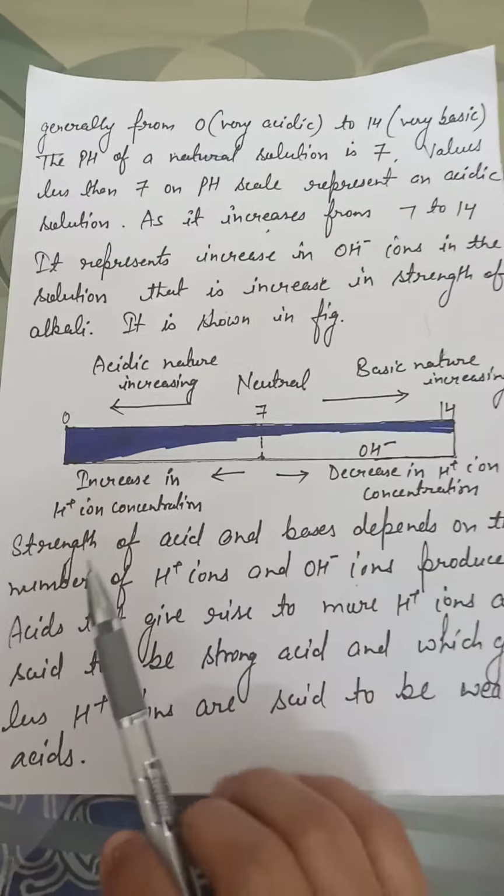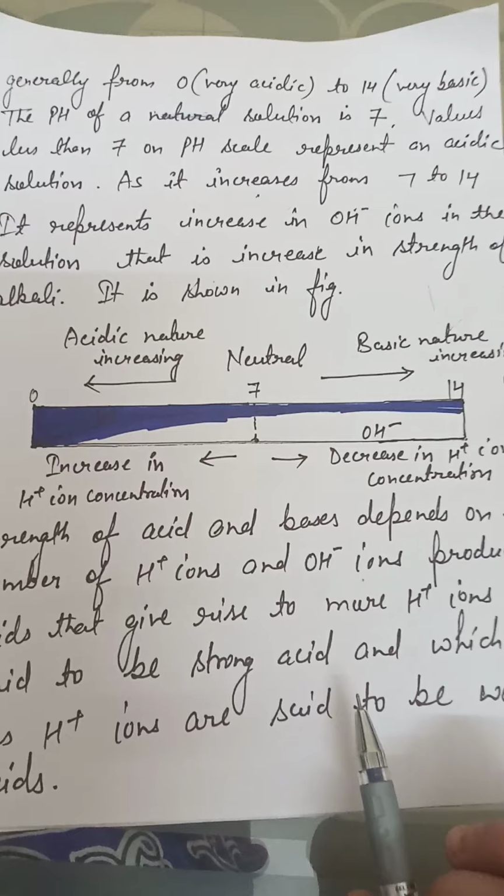Similarly, a strong base gives more OH negative ions, and a weak base gives fewer OH negative ions, that means hydroxyl ions. So depending on the amount of H positive or OH negative ions, we decide whether it is a strong acid or a strong base.